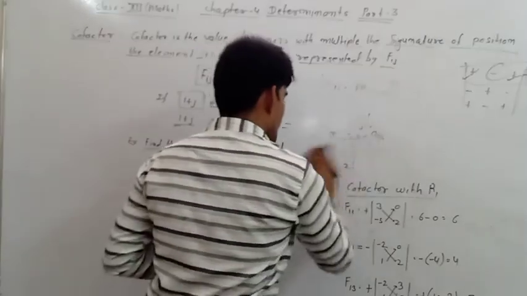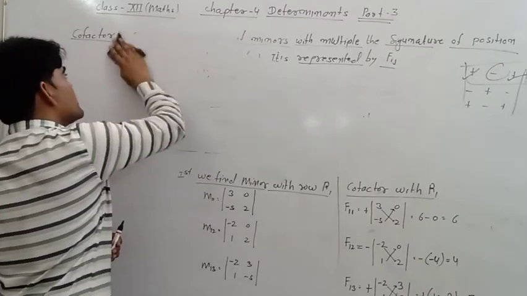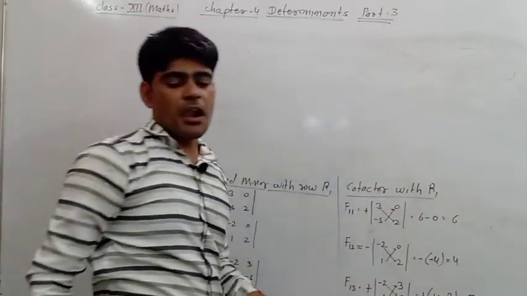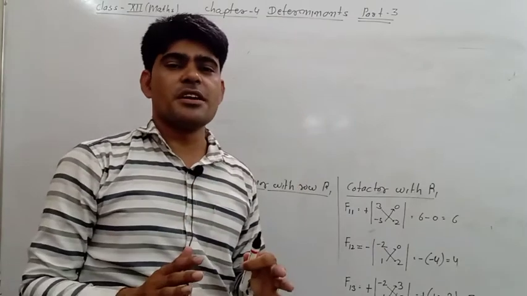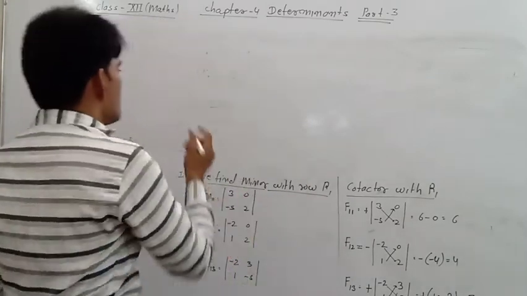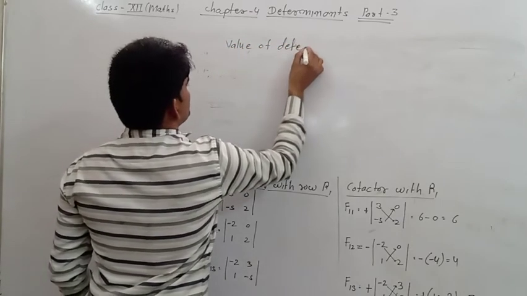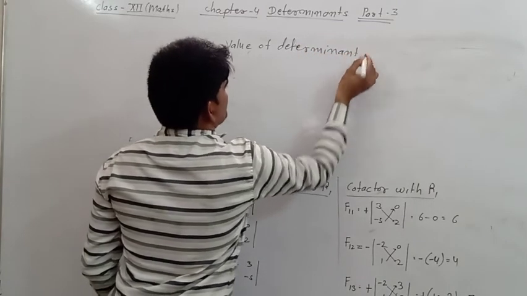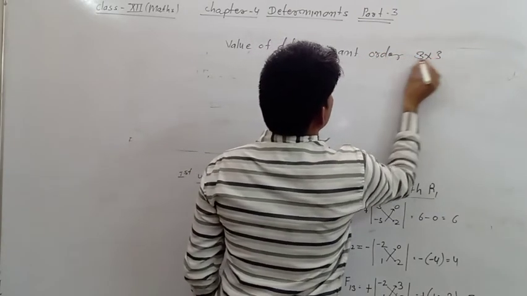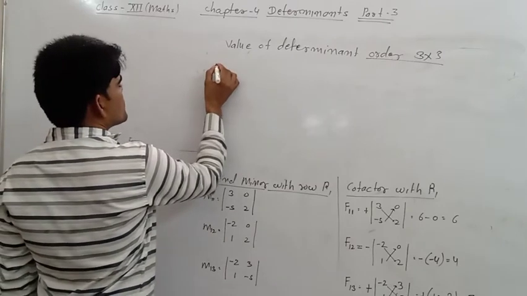First we find the value of a determinant of order 3 by 3. The most important determinant is of order 3 by 3, because the value of a 2 by 2 determinant is simple to find. Mainly problems are related to order 3 by 3. So if a determinant of order 3 by 3 is given, how do we find its value with respect to R1?